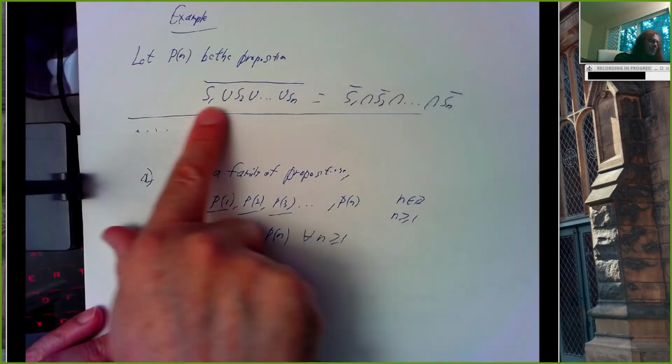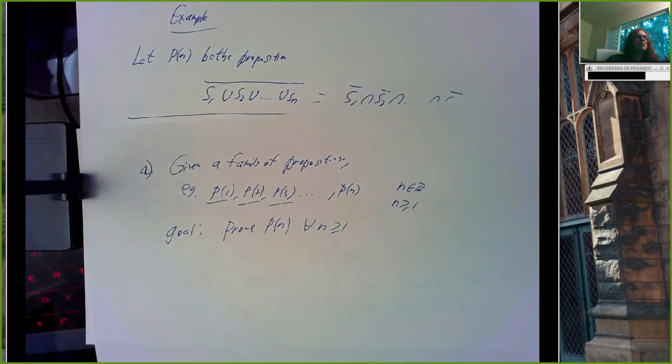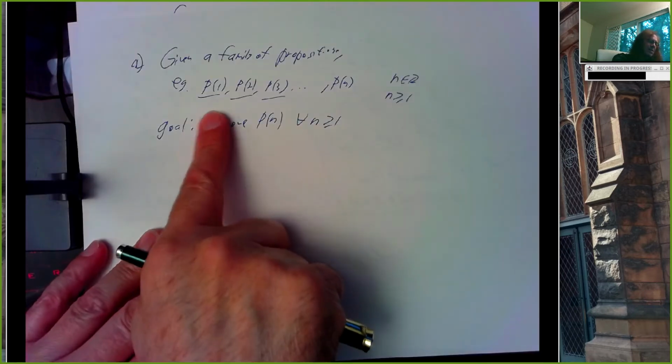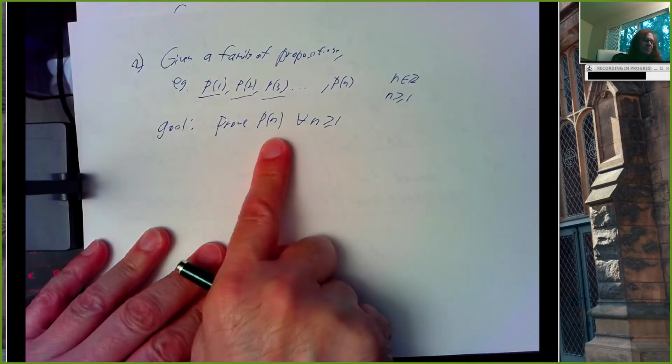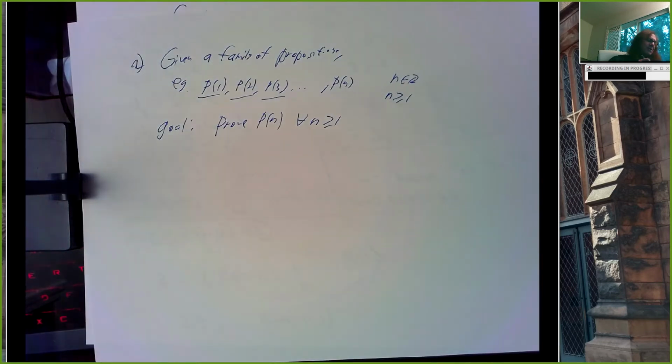We want to prove that all of these propositions are true. In other words, we want to prove De Morgan's theorem works in general for any collection of n sets. If you take the union of all n and complement it, it's the same as intersecting the complements of each of those n sets. So that's our family of propositions. Our goal is to prove P of n is true for all values of n.